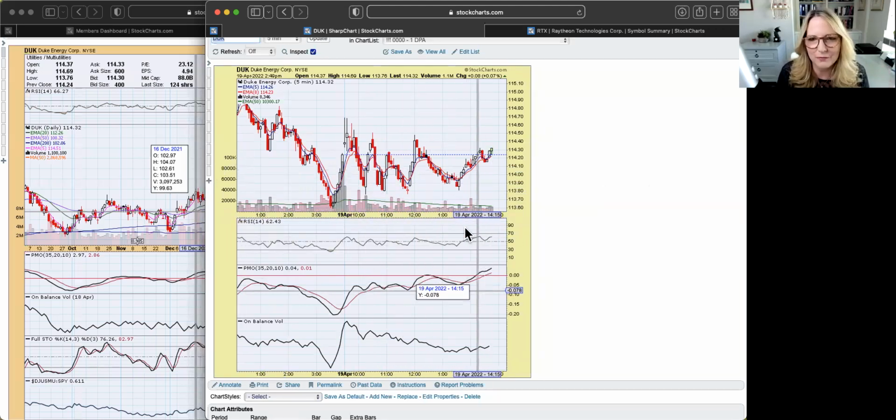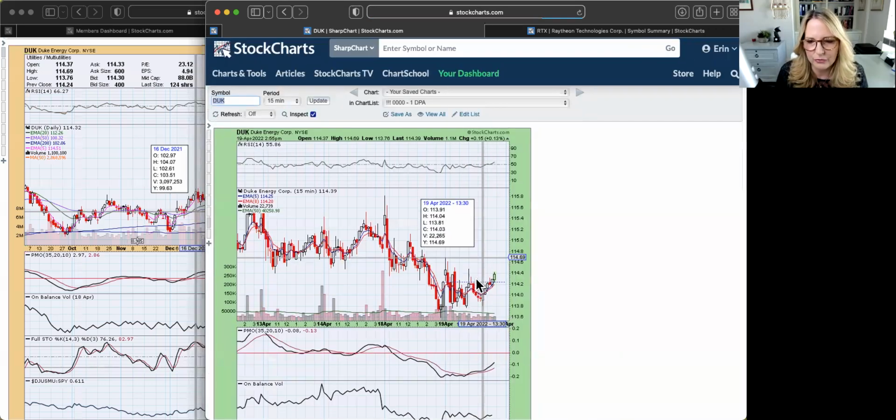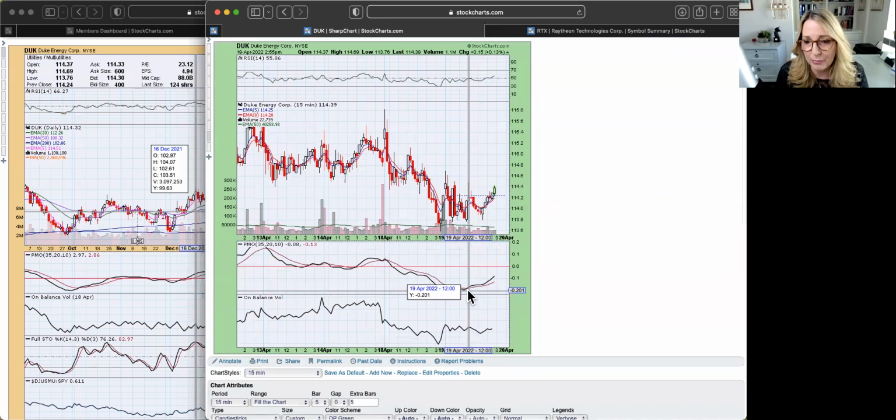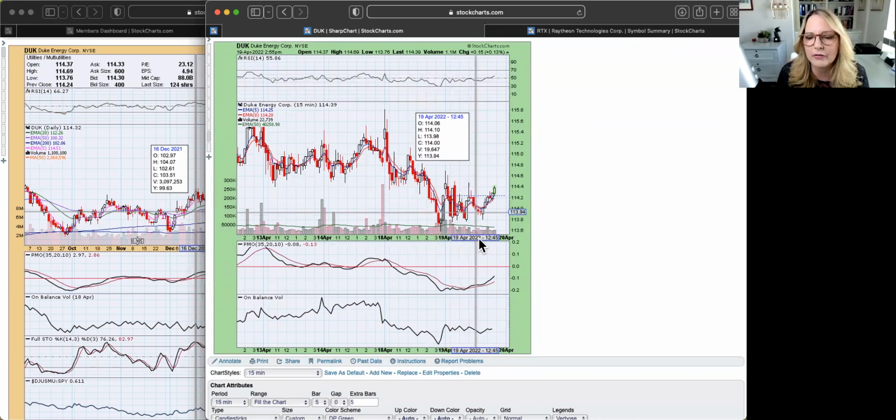Okay, so if we look at this chart for Duke Energy, we know that about 2 o'clock-ish, we got a buy point. So let's see what it looks like on a 15-minute. So 2 o'clock-ish, the buy point actually came in just a little bit earlier, it looks like. No, it didn't, because there you go, negative RSI. So we would have had to wait.